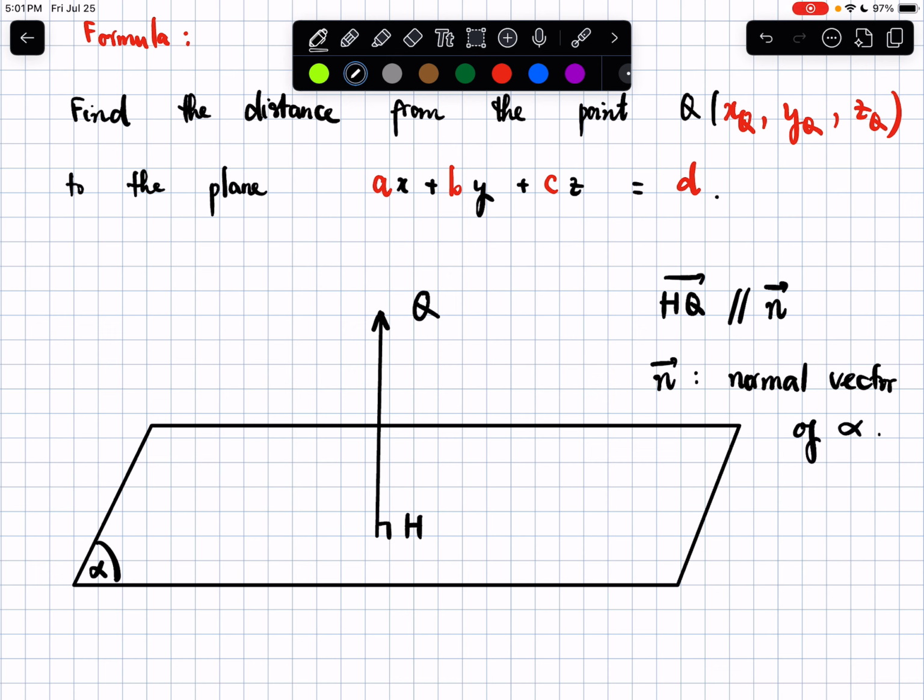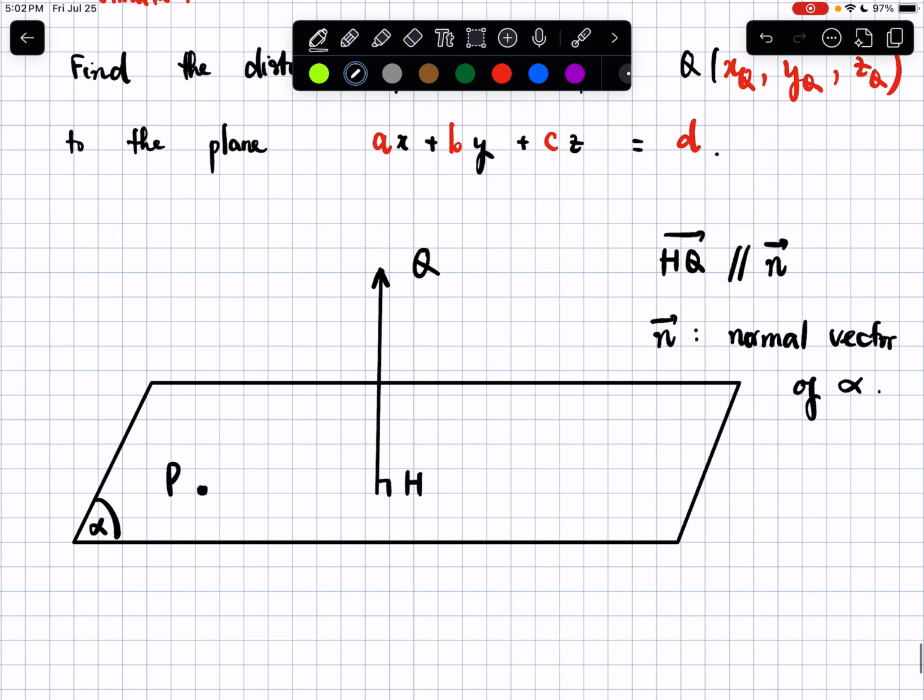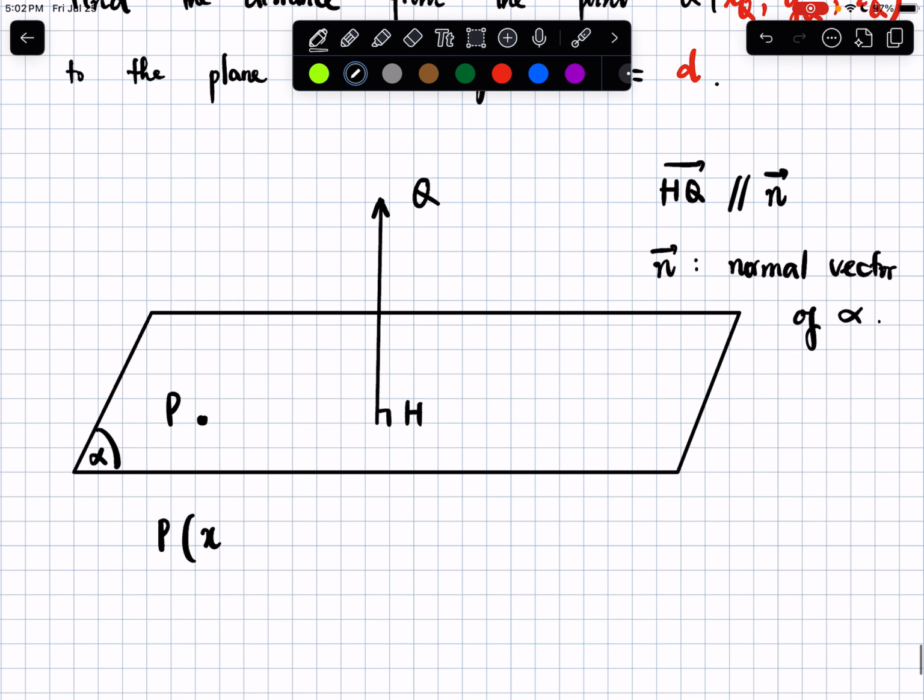And now, let's pick an arbitrary point, say this point P on the plane. So P is a point on the plane, say the coordinates are xp, yp, zp, belonging to the plane alpha.